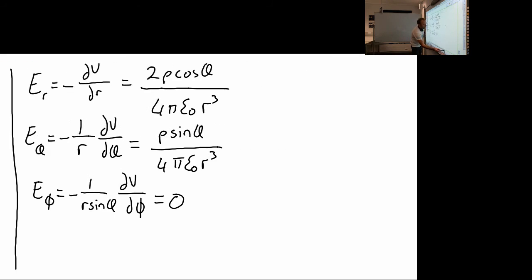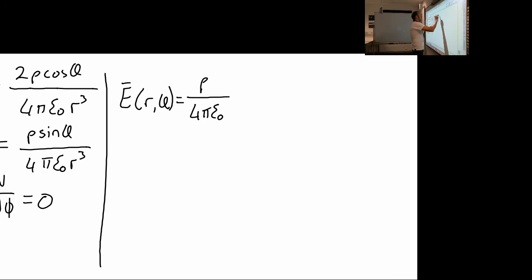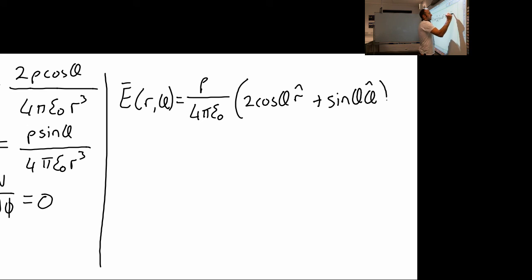So let's just write this out in full. Our electric field E, which depends on r and theta, can be written as p divided by 4 pi epsilon naught r cubed, times 2 cos theta r hat plus sine theta theta hat.